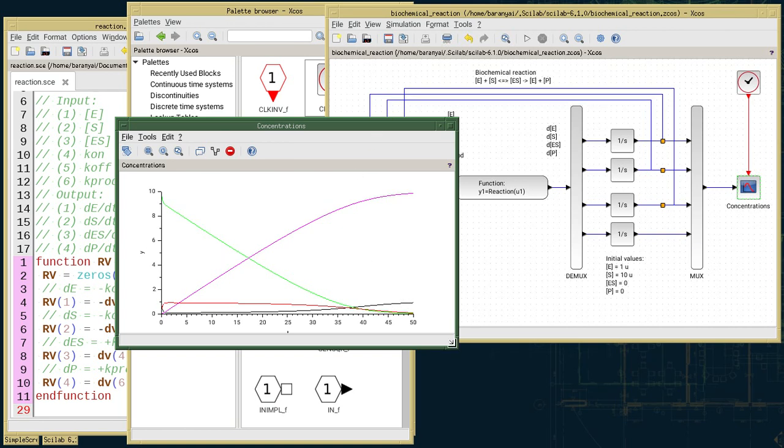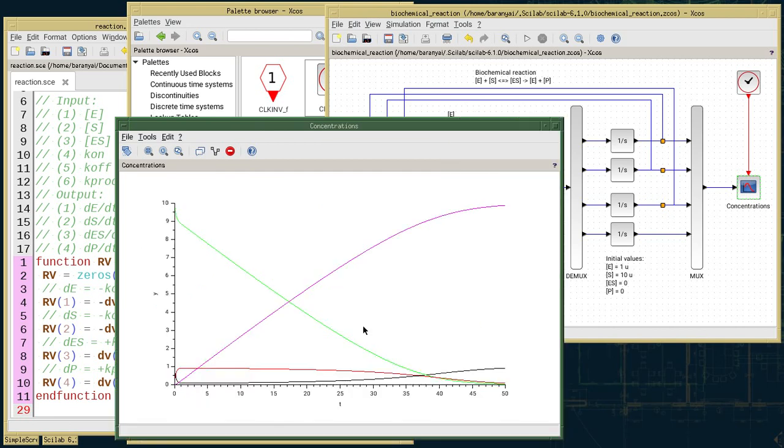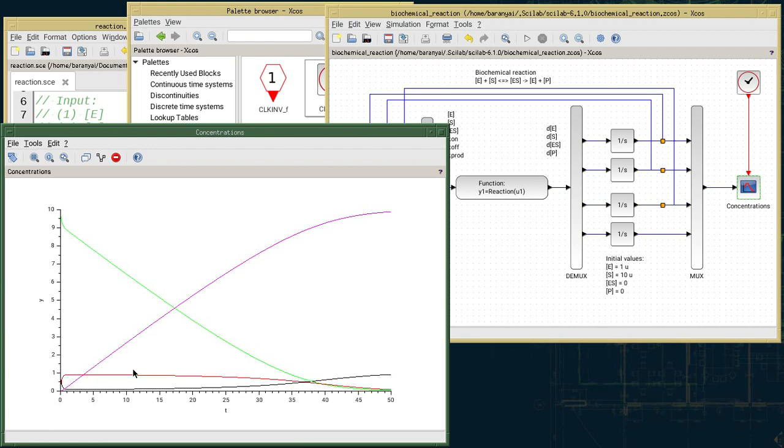So this is a typical curve of how the simulation is working. Here you can see basically the steady state part when the concentration of the enzyme with the red curve is almost constant. The substrate with the green is continuously decreasing, the product with purple is continuously increasing, and the enzyme concentration is low because it was forming the complex.